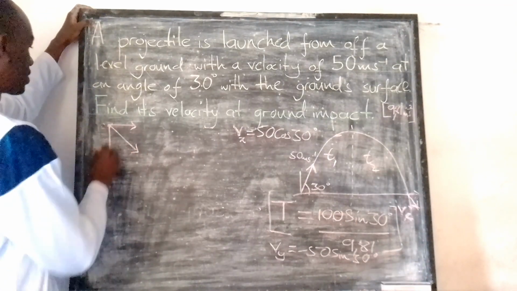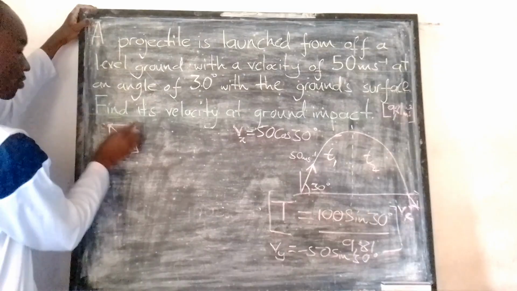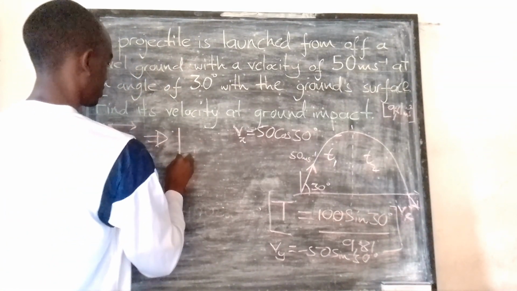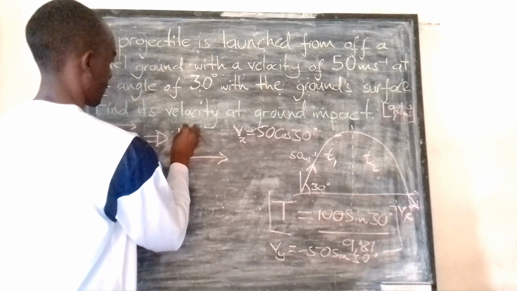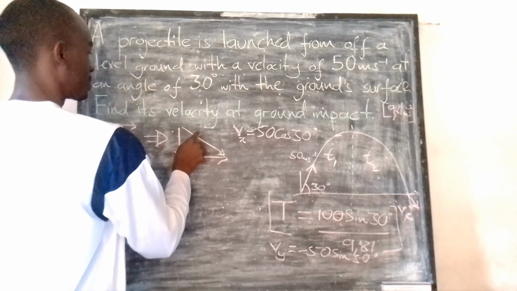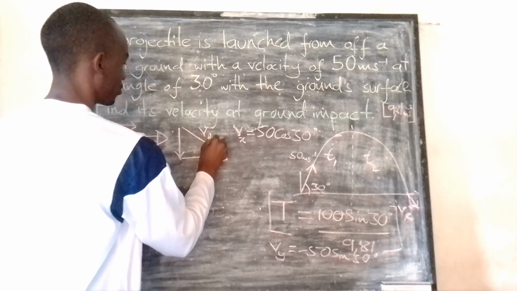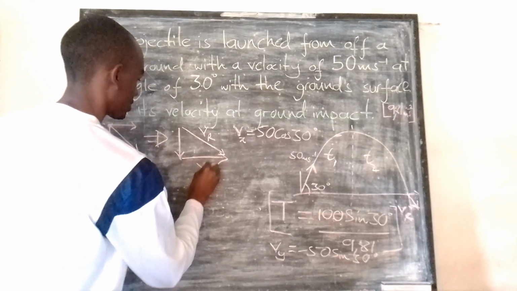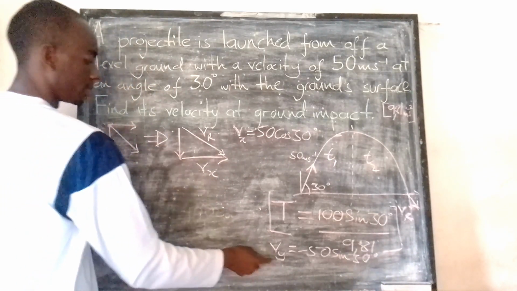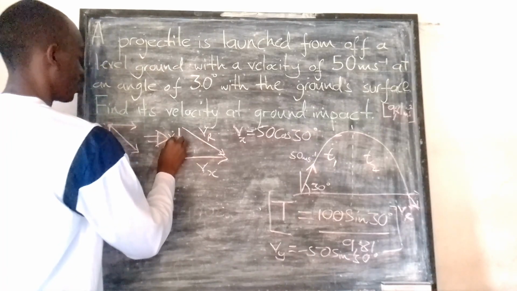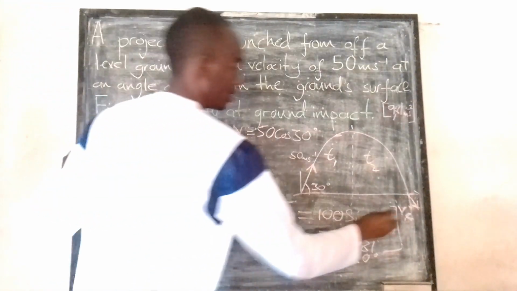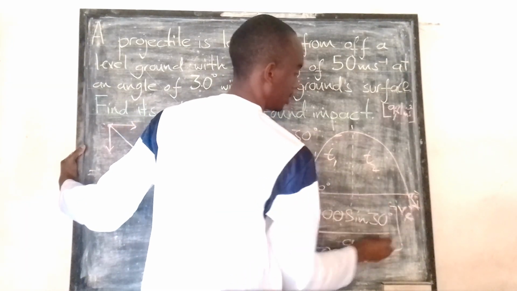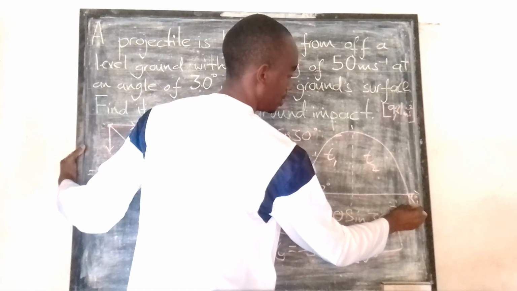if we follow the rules of vector addition, we can form a triangle out of this. So in the end, we get something like this. This being what? Vr, what we're looking for. This being what? The horizontal component of the velocity, Vx. And this being what? The vertical component of the velocity, Vy. This angle over here, theta, is equal to the angle over here, theta.